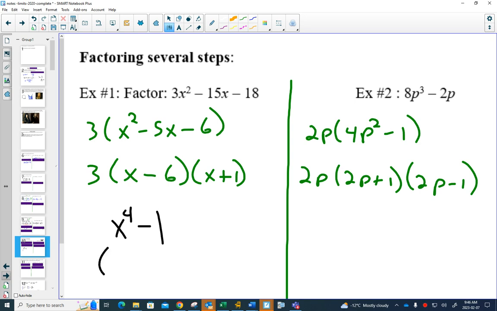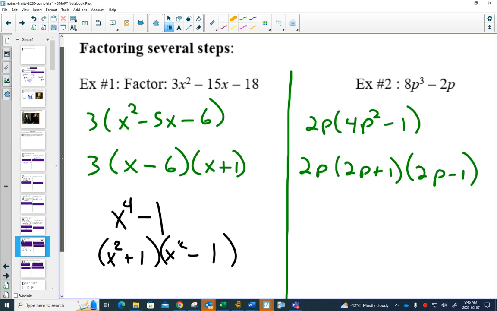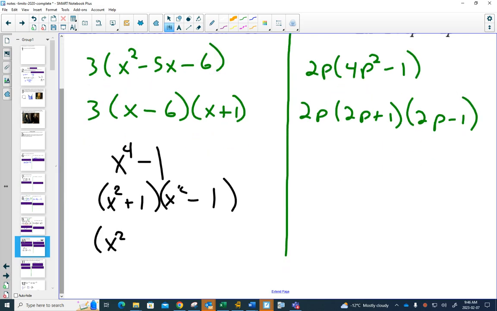I noticed, and I got x squared plus 1, x squared minus 1. Yeah. And then you quit, and you go on to the next question and feel all proud of yourself. And what's happened? You missed that it made a new difference of squares in the second. The first one can't be factored anymore, but the second one could be.